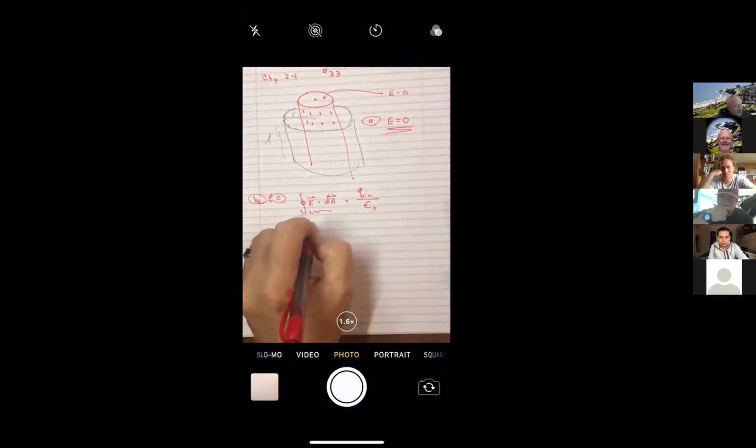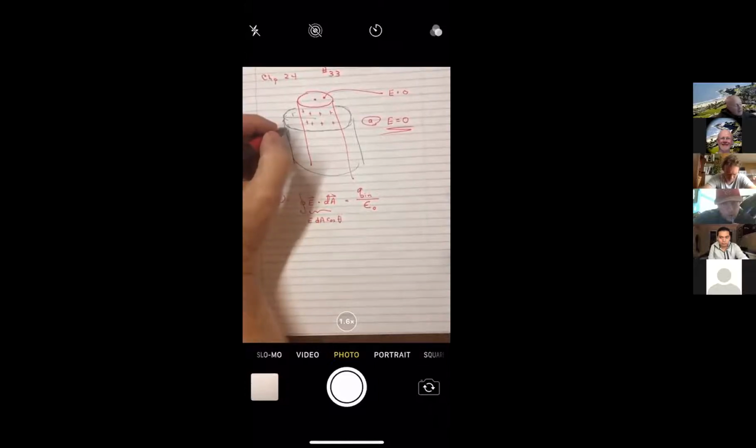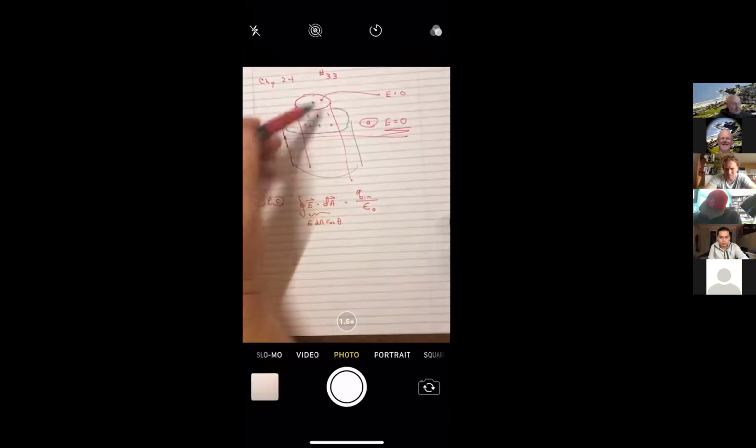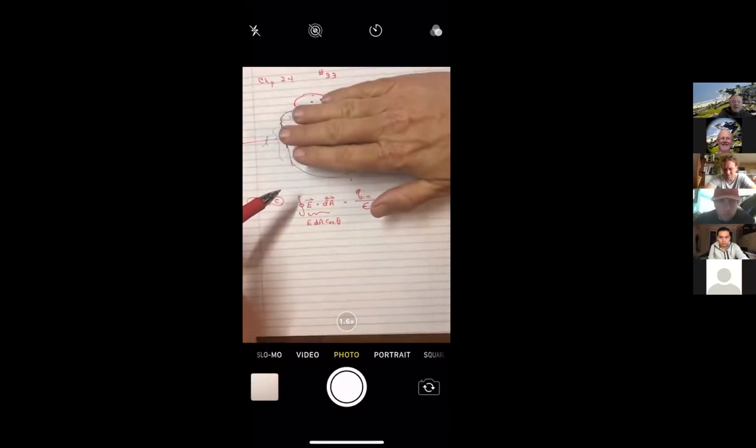In this case, the first thing is to take the dot product and do that symmetry argument. If you imagine yourself somewhere on this Gaussian surface, you drew a line, because this rod is infinitely up and infinitely down. I think I've done this a few times, but I'll keep doing it.